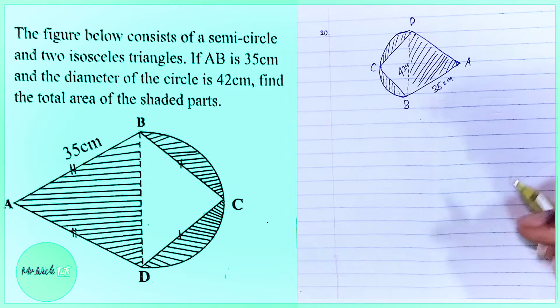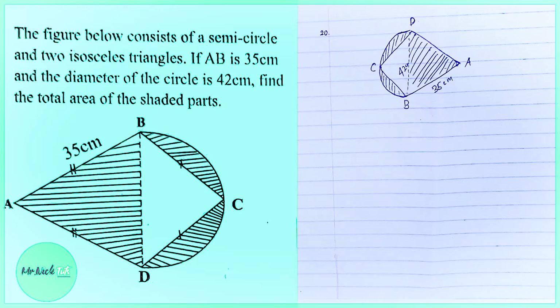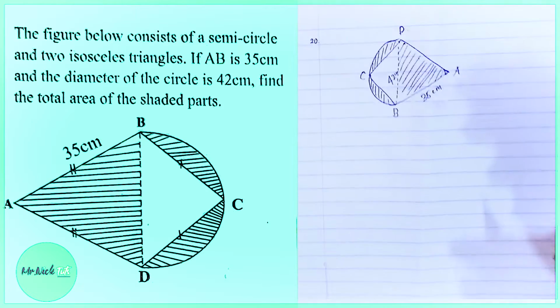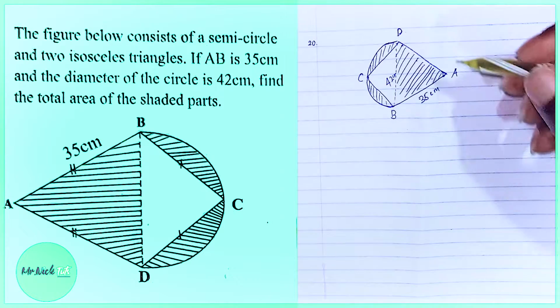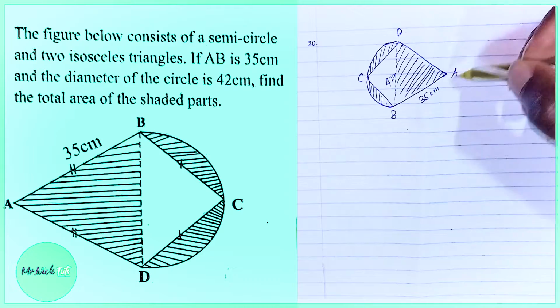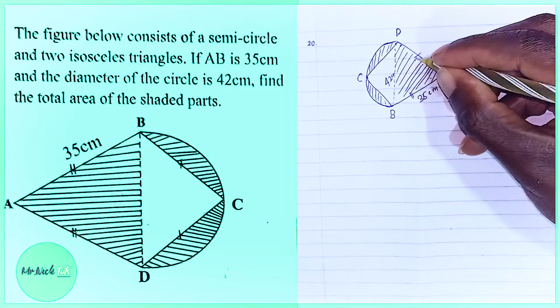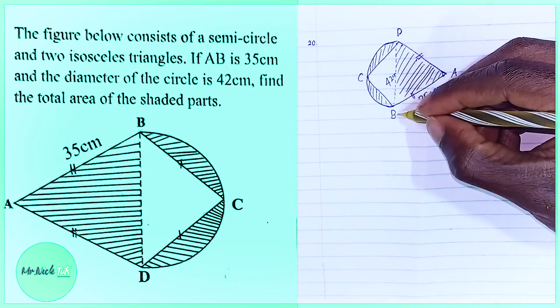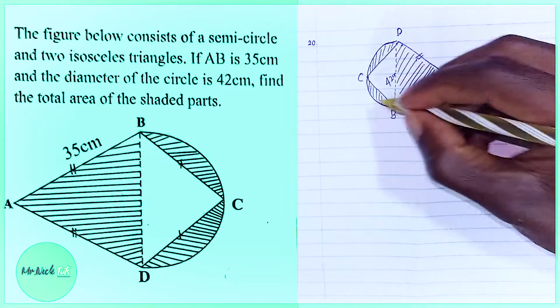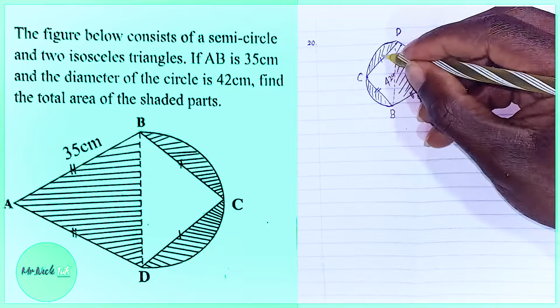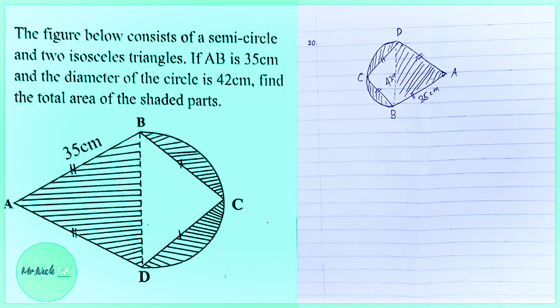So we are having two isosceles triangles basically. We are having the triangle ABD. It's an isosceles triangle. And we're also having the triangle BCD. It's an isosceles triangle. Those are two isosceles triangles right there.